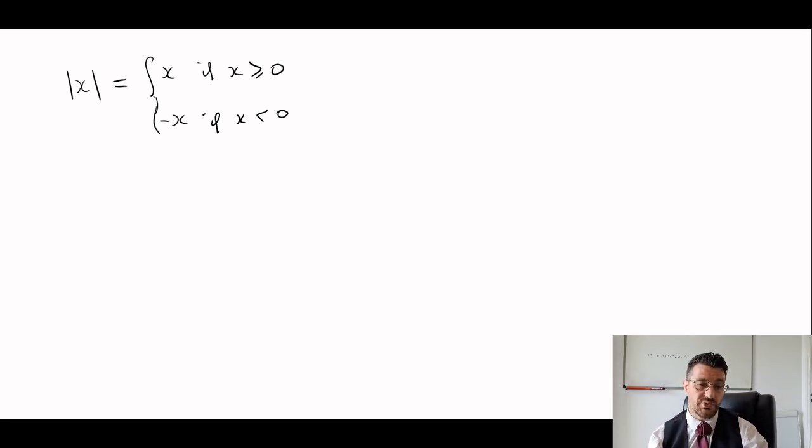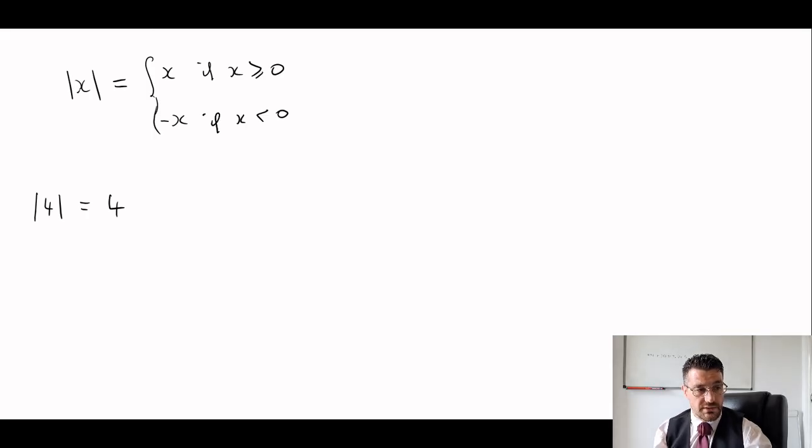It's a simple enough definition. It's just that you have to spend the time thinking about it and making sure that you understand what it's saying. So, for example, if we take the number 4, 4 is clearly greater than or equal to 0. So the modulus of 4, according to our definition, is just going to be equal to 4.